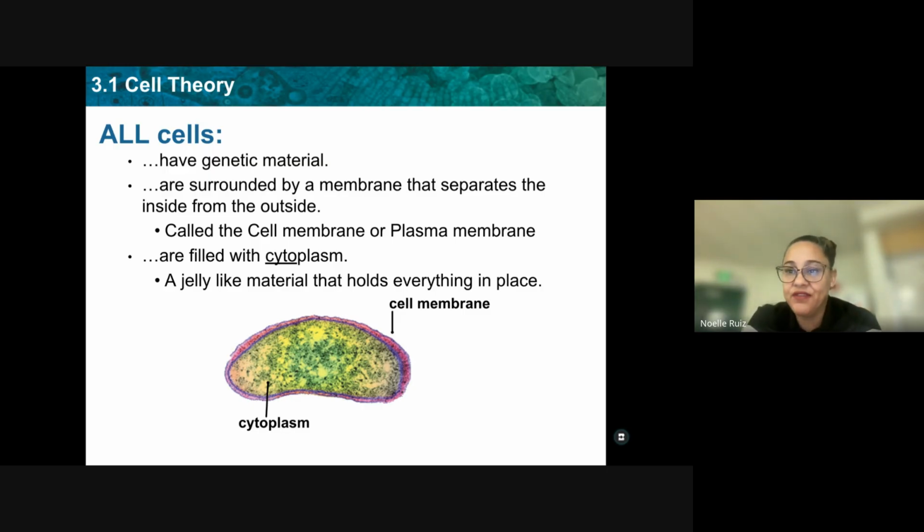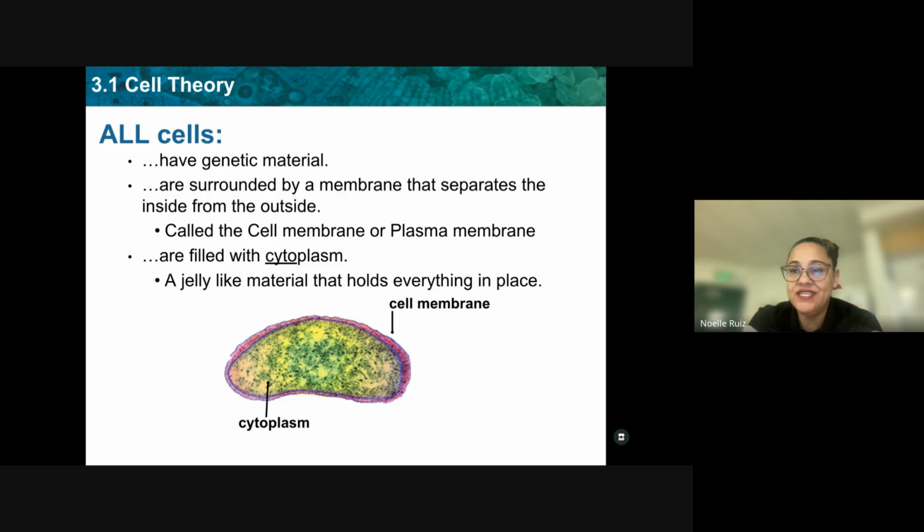And then it keeps bad stuff out. So all cells have their own form of skin. It is called the cell membrane or the plasma membrane. You will see it and you will hear it both ways. They mean the same thing. All cells are filled with cytoplasm. There's that prefix again. Cytoplasm is the jelly-like material that just holds everything in place.